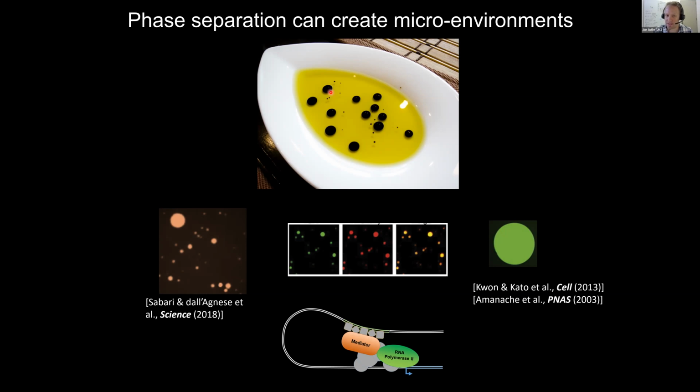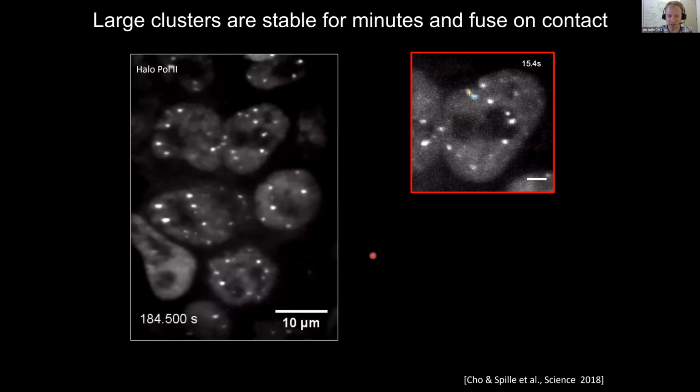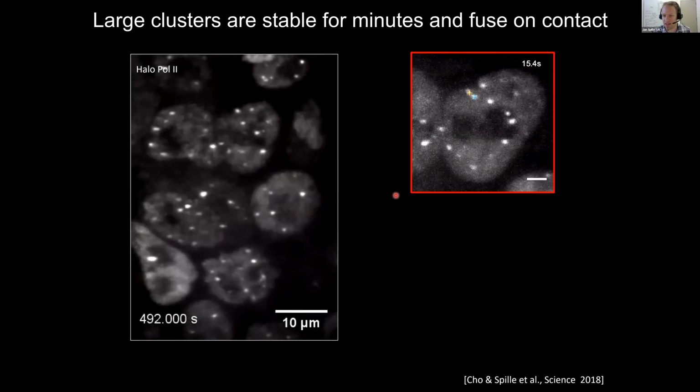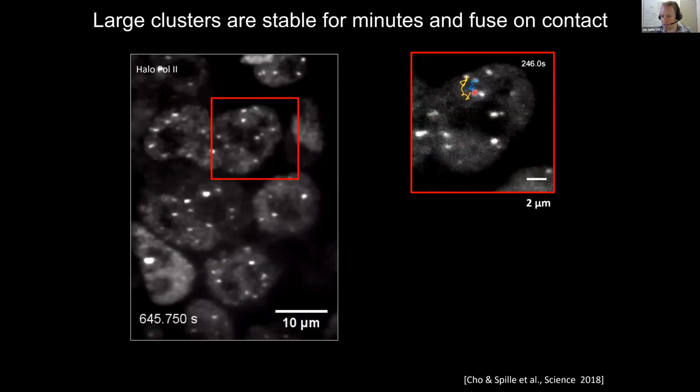So we tried to test a few of the key characteristics that you would expect from a liquid-like system in the cell. These are really droplets. One thing that we did, and I hope this video plays on your screens as well, we did time-lapse imaging of these live cells and tracked individual of these foci over time.